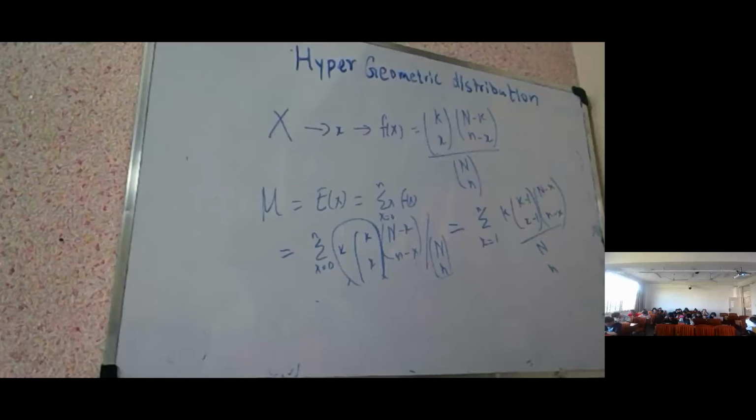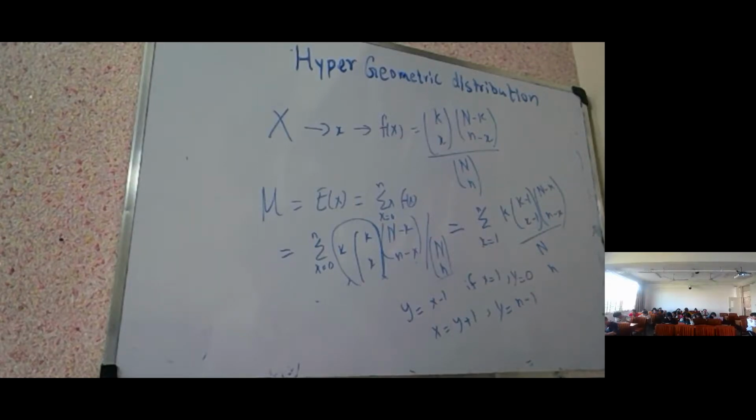So to make this into a 0 form, we can simply solve it by letting y equal to x minus 1. So if x equals 1, y will be 0, right? And x will be y plus 1. So y will be n minus 1. Do you understand?